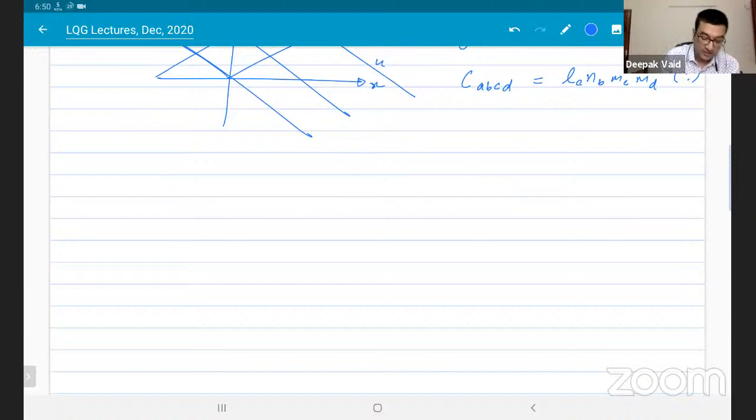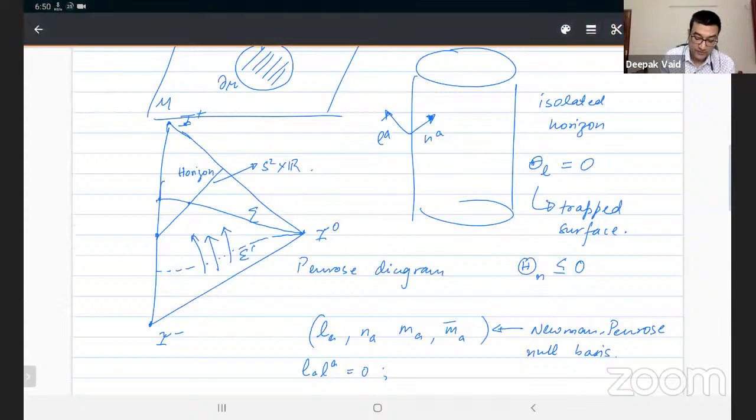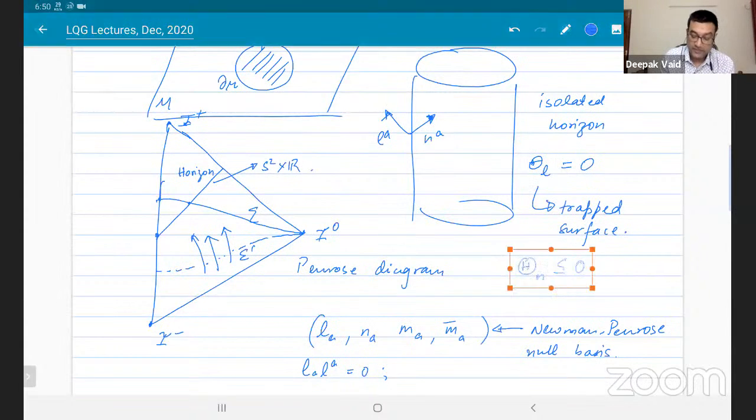So what happens is that we define these surfaces as trapped surfaces, right? Such that the expansion of the outgoing normal is zero, and the expansion of the ingoing normal is positive or zero. So this is what it means to be a trapped surface. If you have light rays, what does it mean that the expansion is zero?